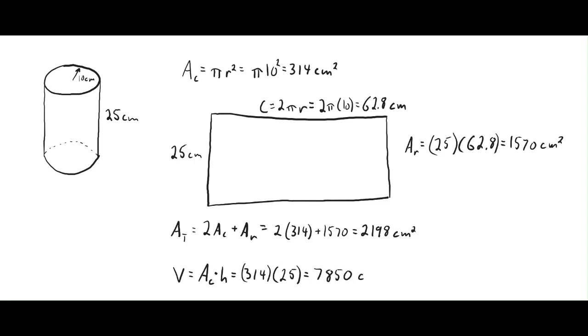This time it is centimeters cubed. Notice the area was centimeters squared, the height is centimeters, so altogether you get centimeters cubed, which is correct for volume. And there we have it. That's the surface area and volume for this cylinder.